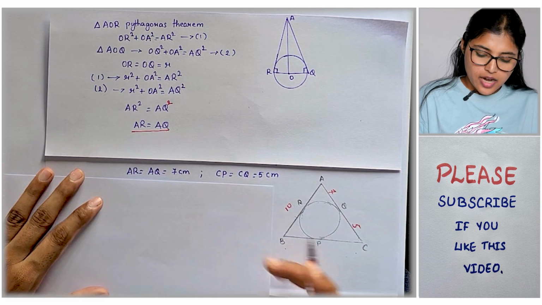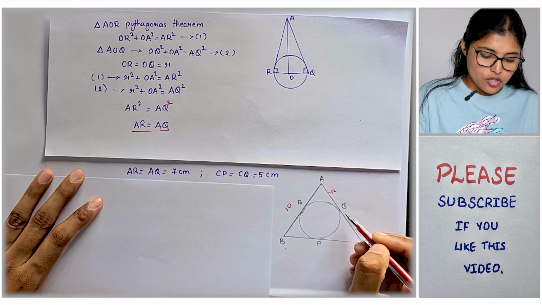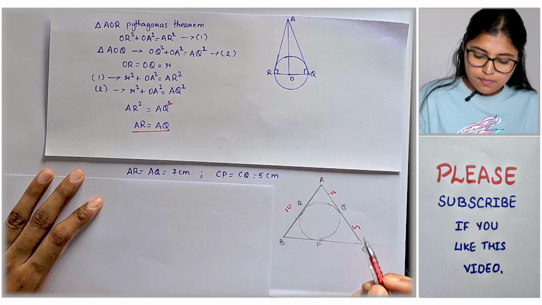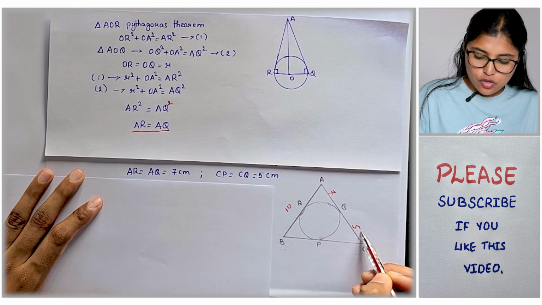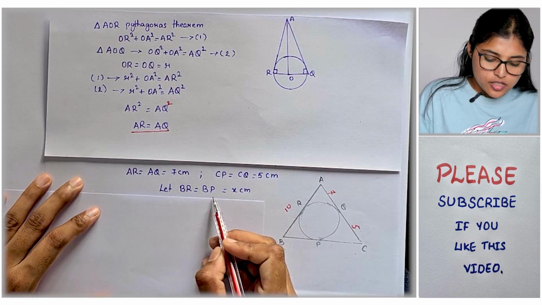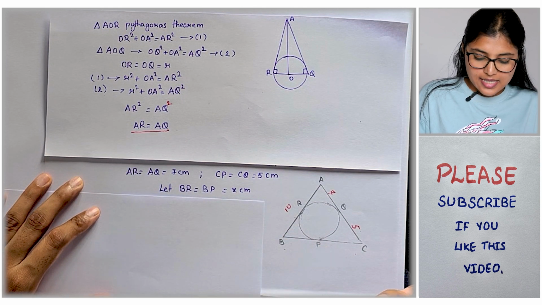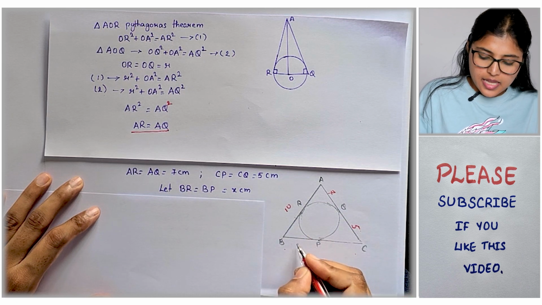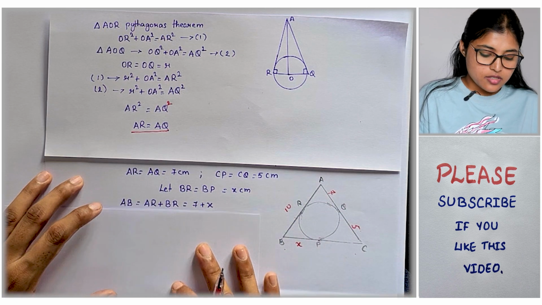So we know that AR equals AQ, which is 7. So this is also 7, and CP is equal to CQ, which is 5 centimeters. Let BR equal BP equal to X centimeters. So BR is also equal to BP. I am saying let this be X centimeters.